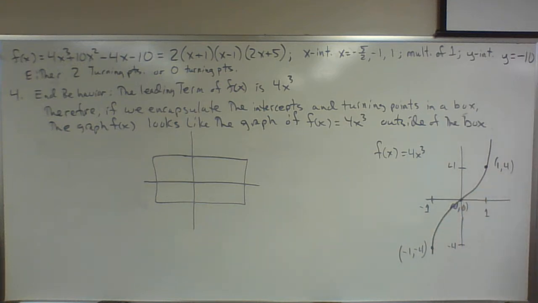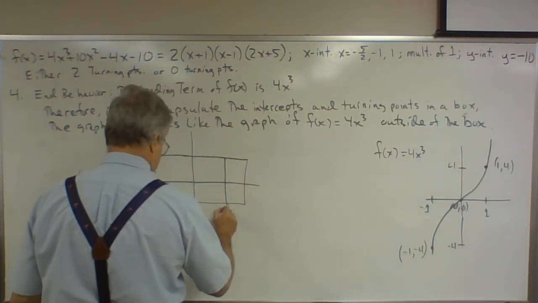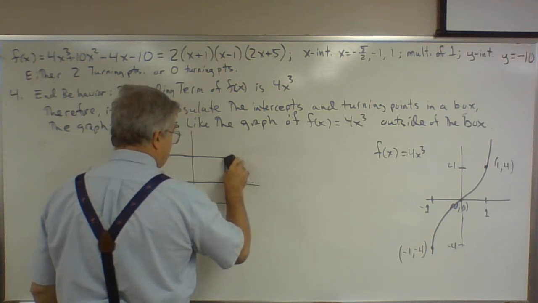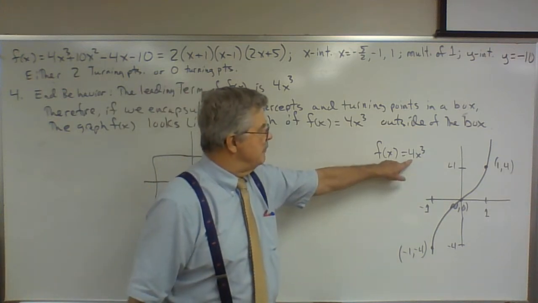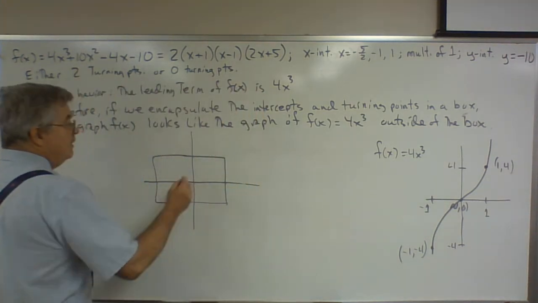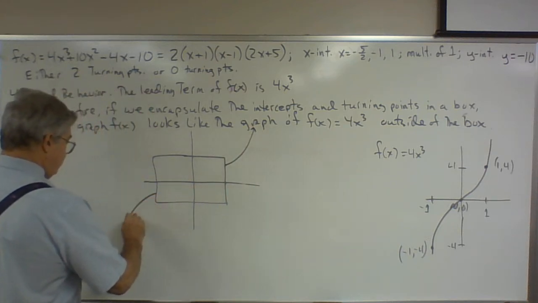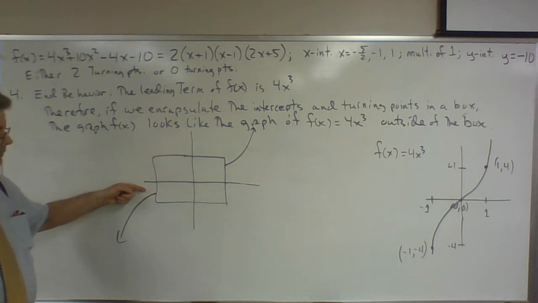So outside of the black box that we have here, the graph of f of x pretty much behaves the same way as the graph of 4x cubed. So our function is going to look like this outside of the black box.